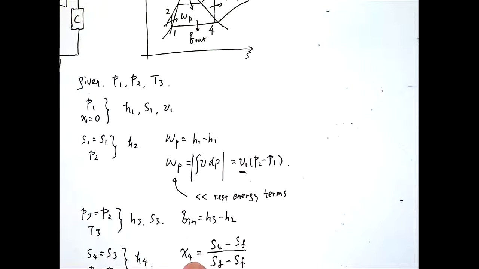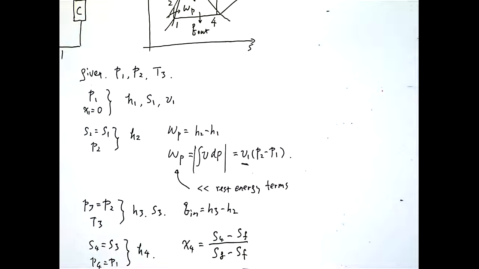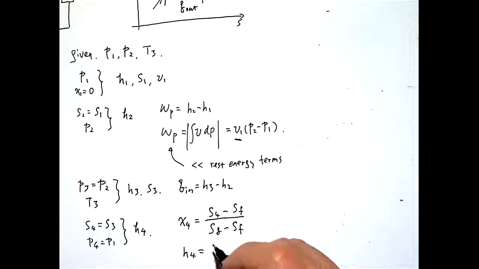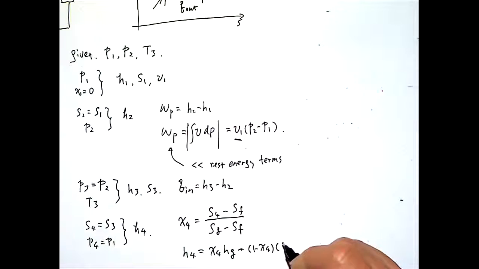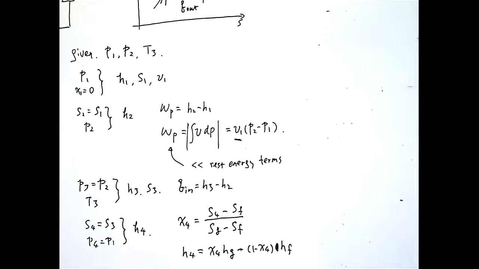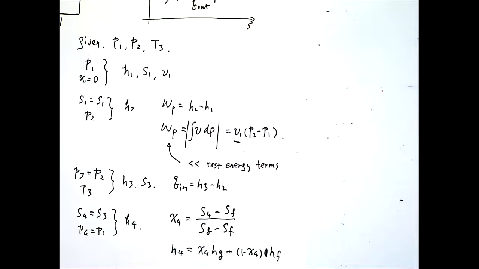Then with your knowledge of the S4, you can figure out the x4. Right? So from there, you can determine the H4, which also requires one-step calculation, which is x4 times Hg plus 1 minus x4 times Hf. Right? So this is all straightforward.